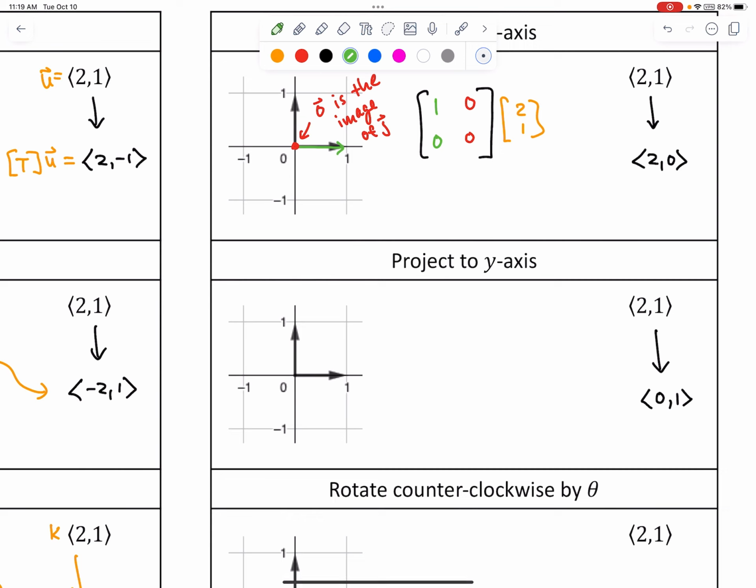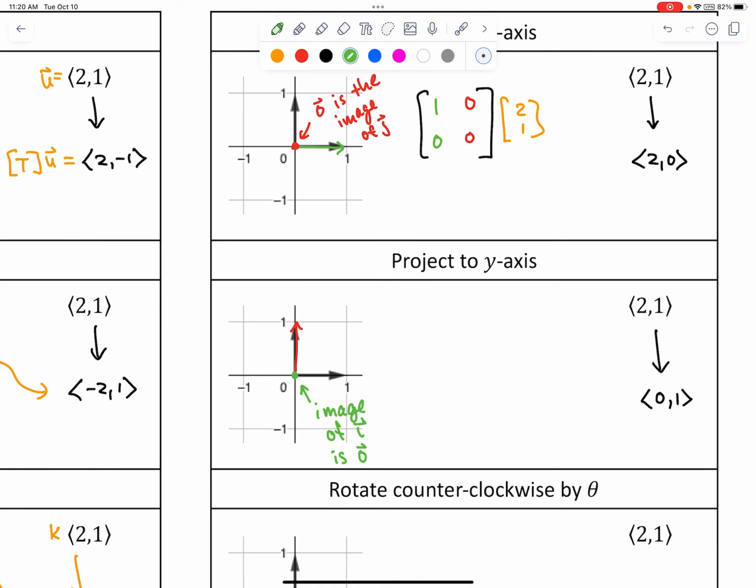We'll track what happens to the basis vectors. The i vector, which is not on the y-axis, it ends right here, will be projected to the y-axis, so it'll shrink to the 0 vector. This is the image of i. It's the 0 vector. But the image of the j vector will go nowhere because it's already on the y-axis, so projecting it to the y-axis changes it not.